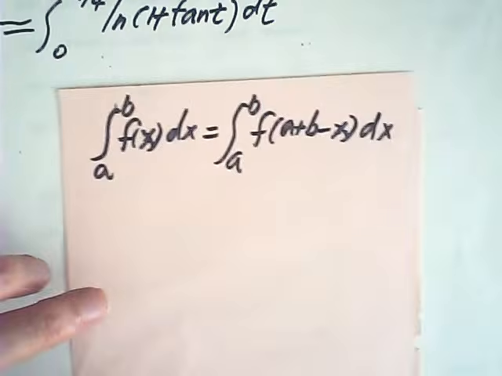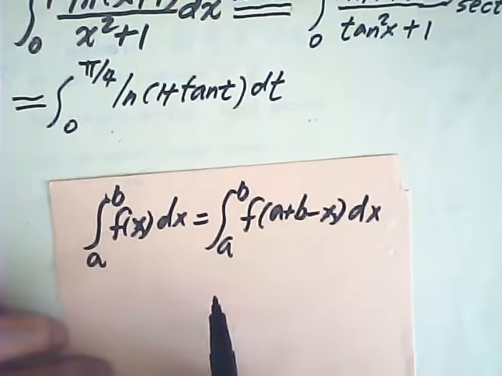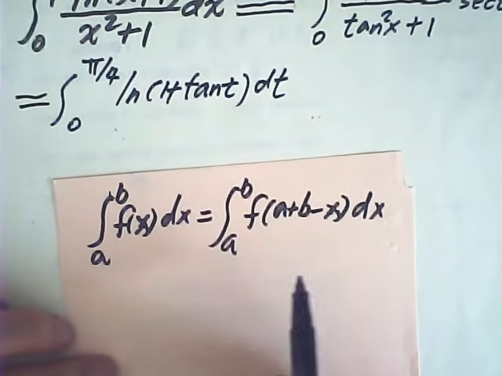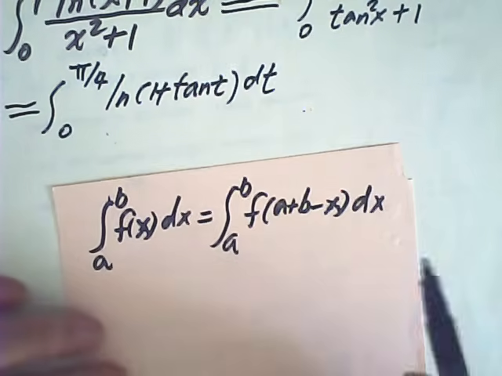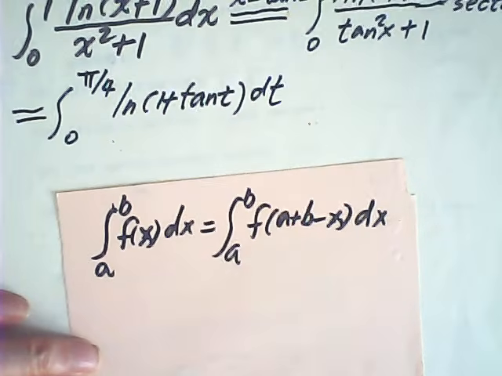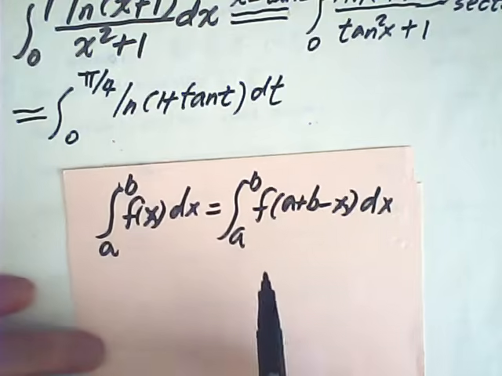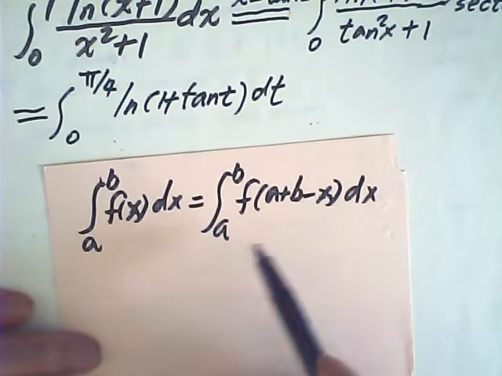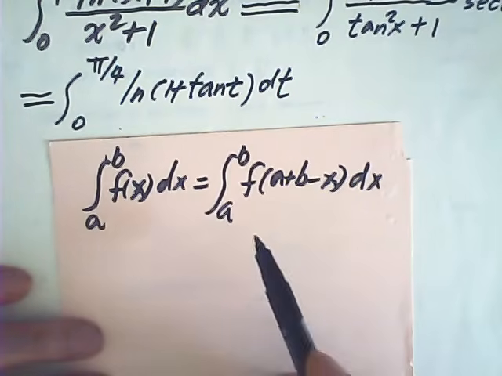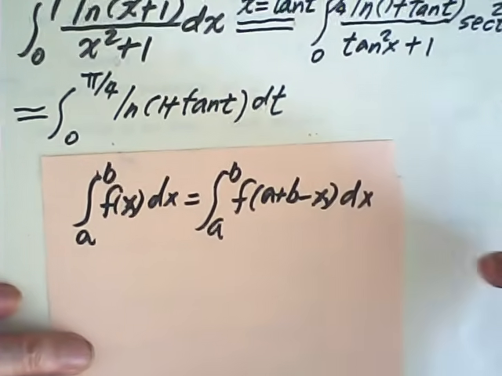Now, this formula I've used quite some in my previous videos, and even proved it. The proof is very easy; you can do it by yourself. So here I'm applying this formula.